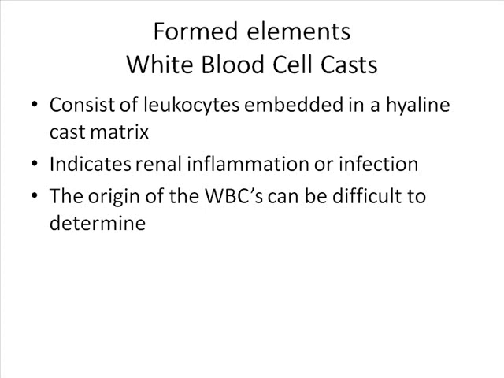"I have a kidney infection." Remember that? When really and truly they have a bladder infection. So this is an upper type of urinary tract infection, meaning that there's some sort of infection in the actual kidney itself when you see white blood cell casts.